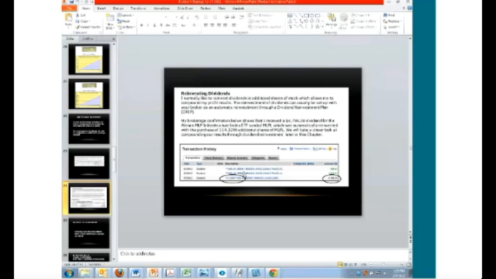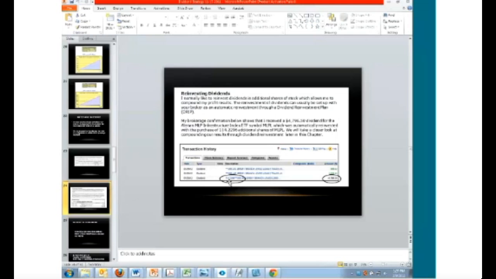And just recently I got a $4,796 dividend for my shares of MLPI, and it was automatically reinvested in 114.2 shares of the stock. So every quarter these dividends get reinvested, and just recently I purchased an additional 114 shares.